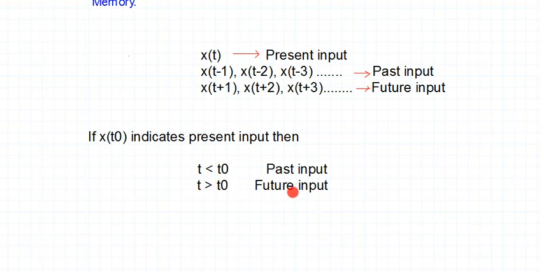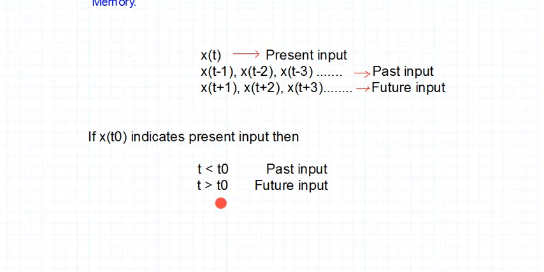So if x of t naught is the present input to the system, then the terms with t less than t naught indicate that the output is dependent on the past inputs. And if the output consists of the terms t greater than t naught, then it is dependent on the future values of the input. So these are certain guidelines with which we are able to identify whether the system is static or dynamic.